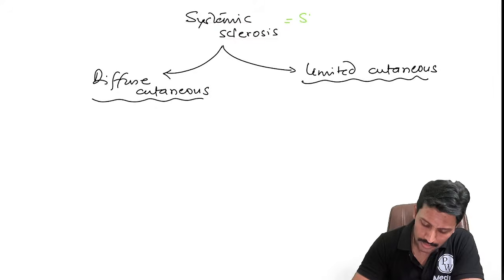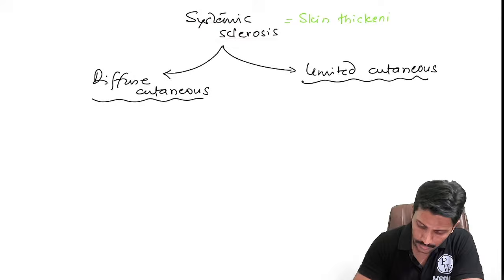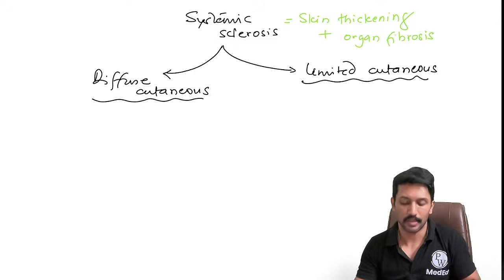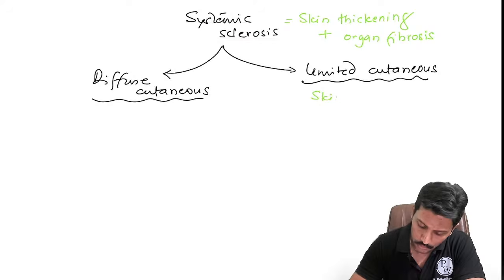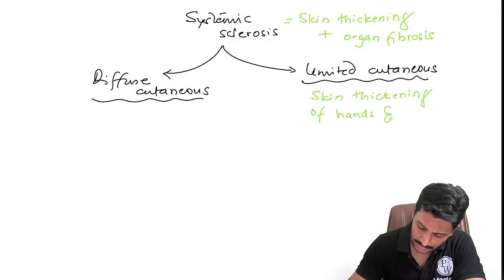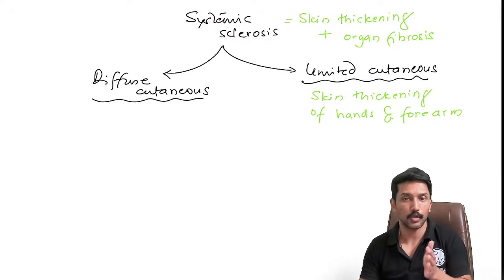There will be skin thickening plus organ fibrosis. Now we are looking at the extent of skin thickening. If the skin thickening is restricted to distal parts, that is hands and forearm, distal to the elbow joint, then we call it limited cutaneous.